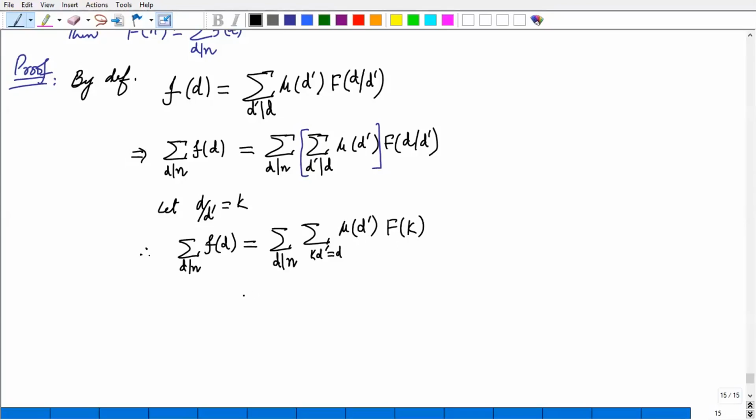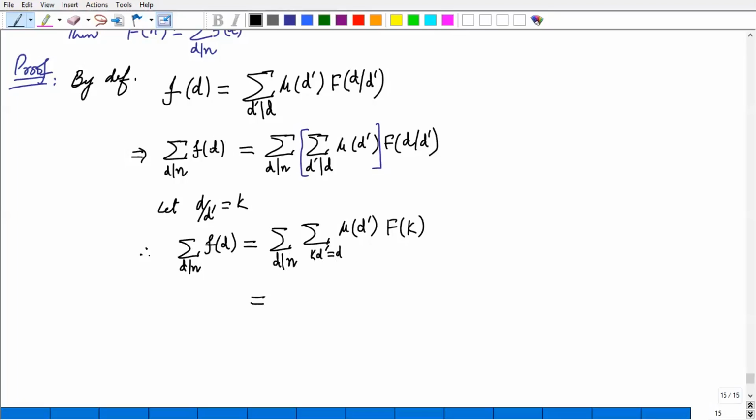Okay, now these two sums can be combined. Because here we need divisors of n, and here we have k d prime equals d.